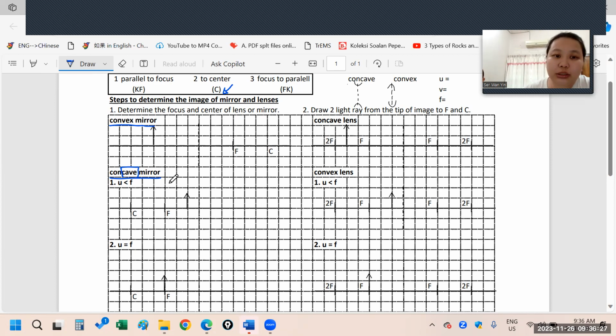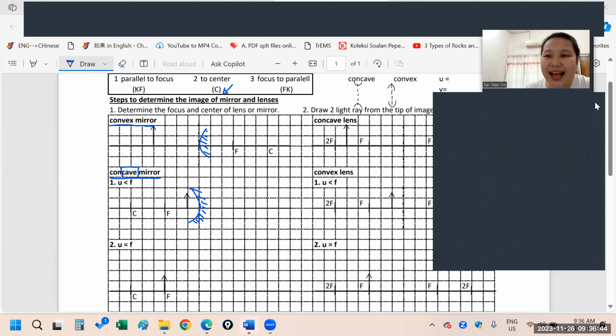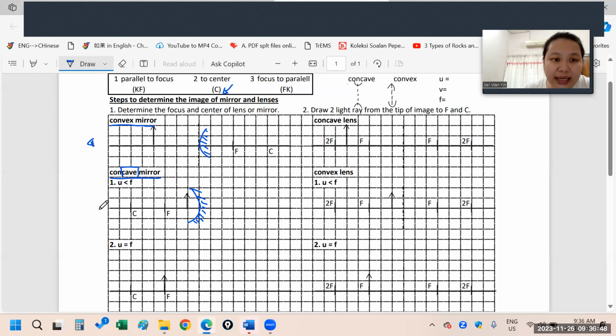Cave is like a cave, curving inward. So concave mirror is like this, convex mirror is like this. Then concave lens. Convex is out. So imagine your eyes are here.